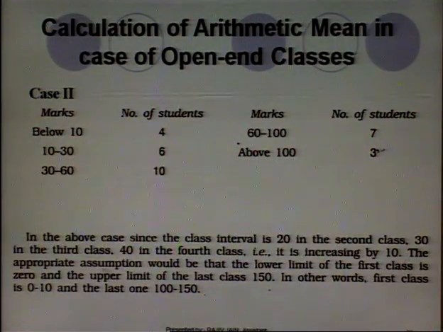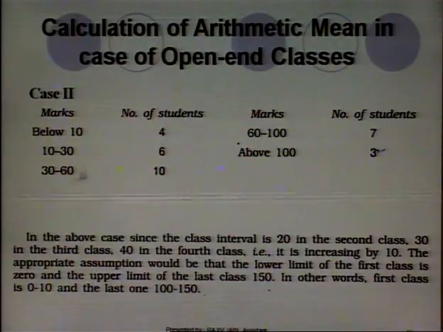The appropriate assumption would be the lower limit of first class would be 0 and upper limit of the last class will be 150, because we will assume the previous class interval will be 10 and next will be 50, because you see there is some sequence in the length of the interval.